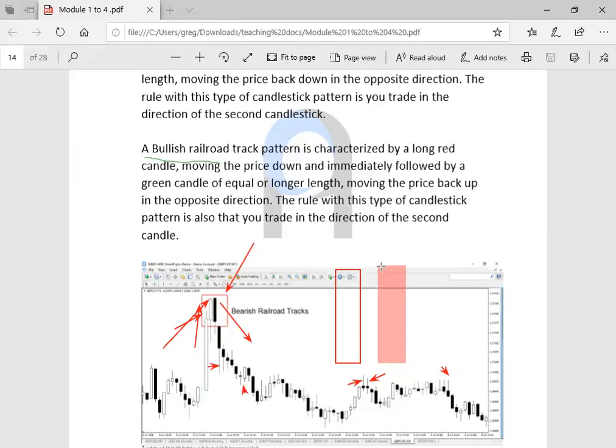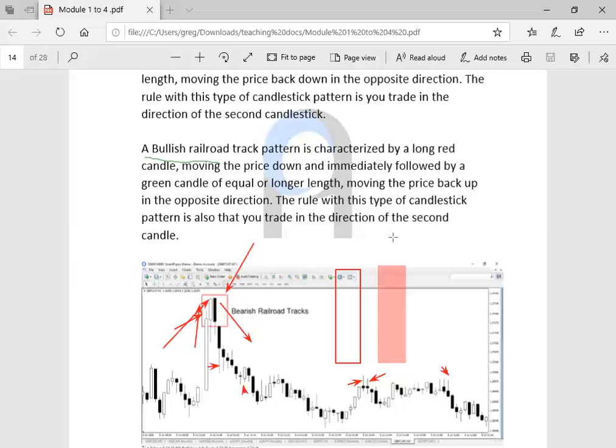Remember, if the market opened at, let's say, 13 Rand, so the United States dollar to the South African Rand is 13 Rand. If it opens here at 13 Rand and closes at 12 Rand, this candle is going to be red. So the market pushes down, boom, closes below where it opened.